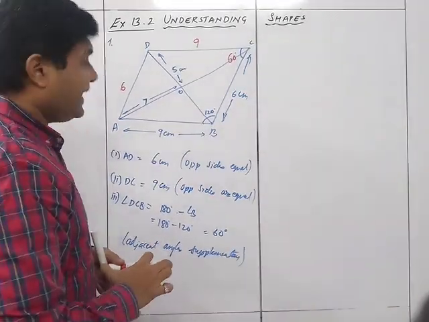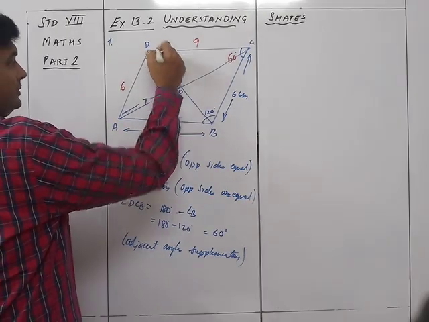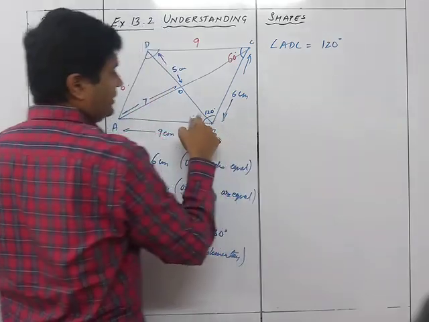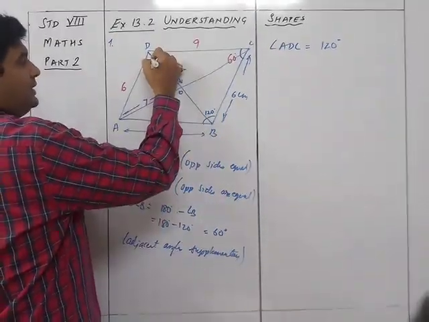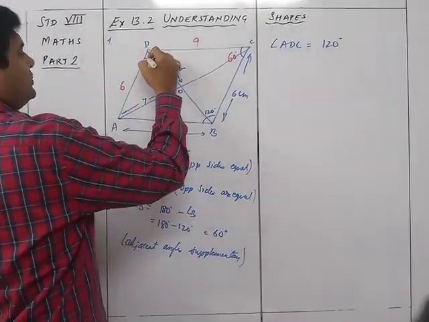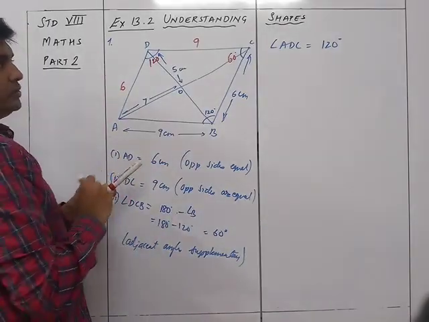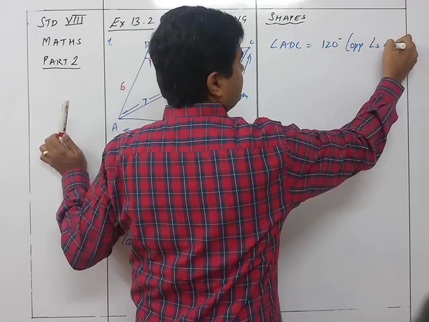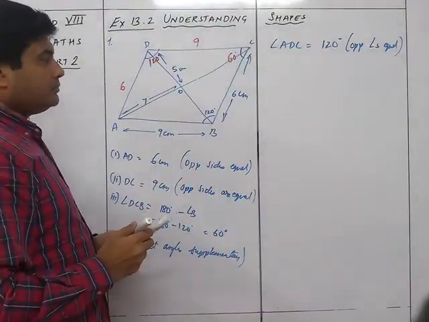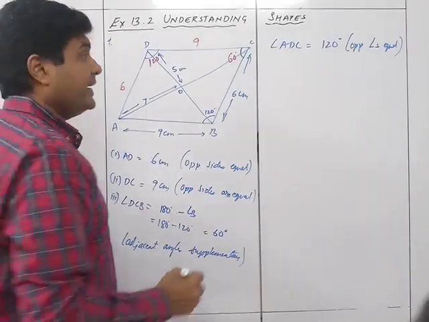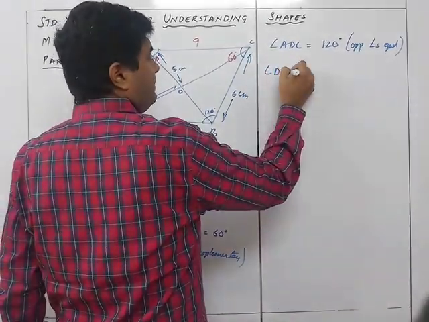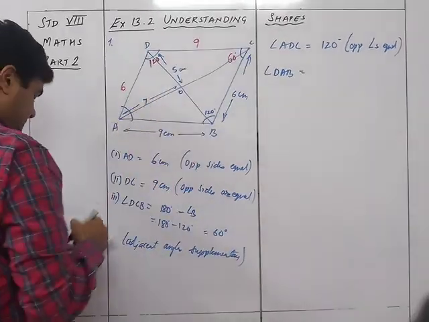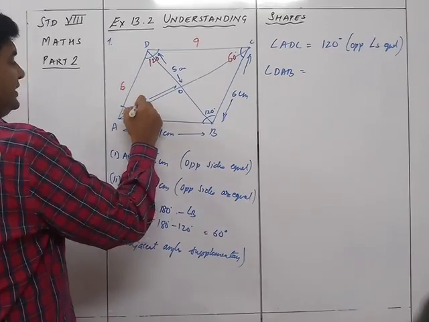We now see angle ADC, that is this angle. So angle ADC will be equal to 120 degrees because opposite angles are equal. So reason over here, opposite angles equal. That's ADC. The next is angle DAB. This angle, again opposite angles are equal, so this will become 60 degrees.